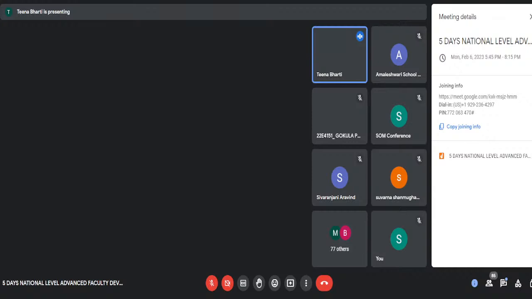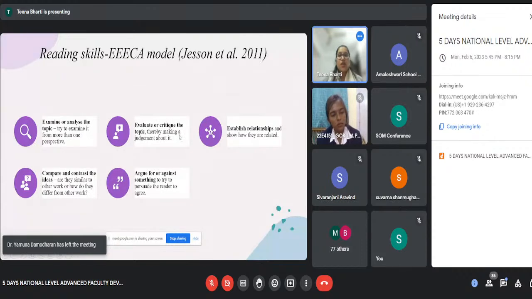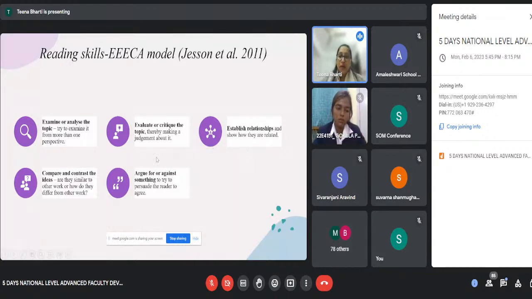evaluate or critique the topic, and make a judgment about it: this is correct, this is wrong, and this is missing. Though we are not so learned that we can say something is wrong, based on your line of research, your study and your analysis, you can always point out that something is missing. Then establish the relationships between the topics, as there might be some antecedents and consequences of the concept you are exploring, and the various variables which have been studied with the variable you are trying to explore.